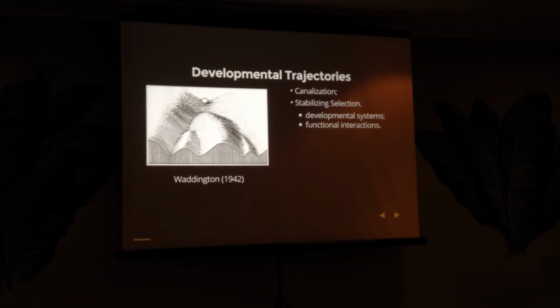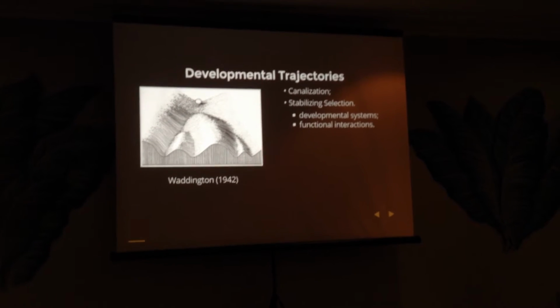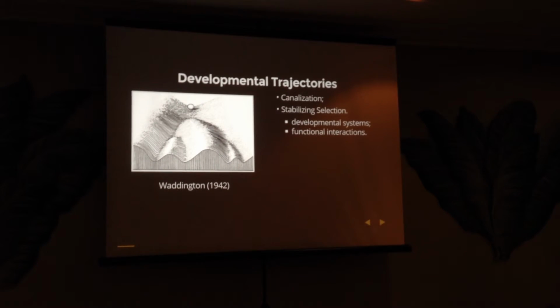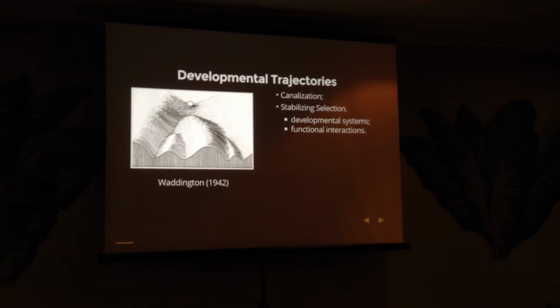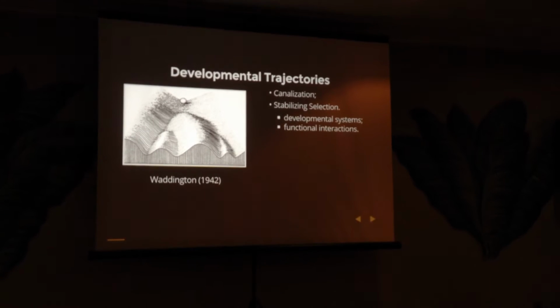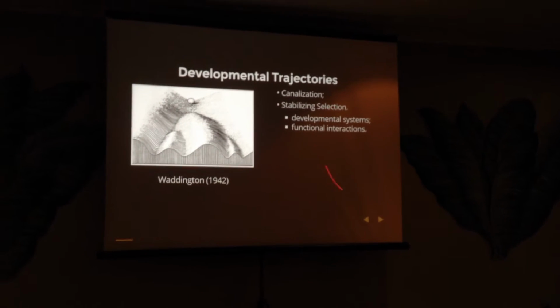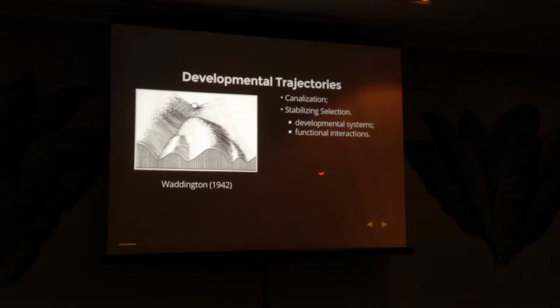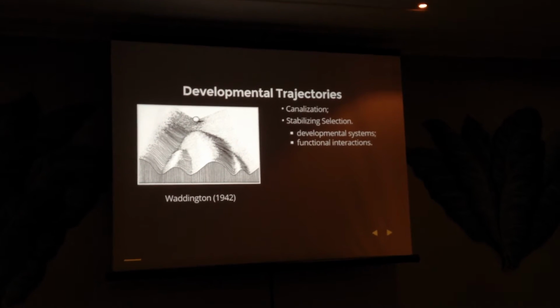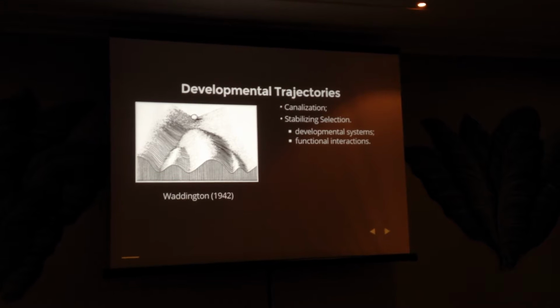Covariance structure is also affected by the processes of canalization, developmental canalization, and stabilizing selection over developmental systems themselves, or through the functional interactions in the resulting adult phenotype.